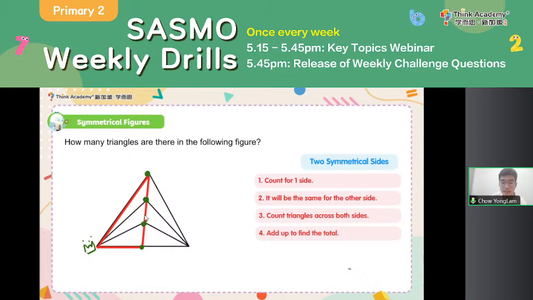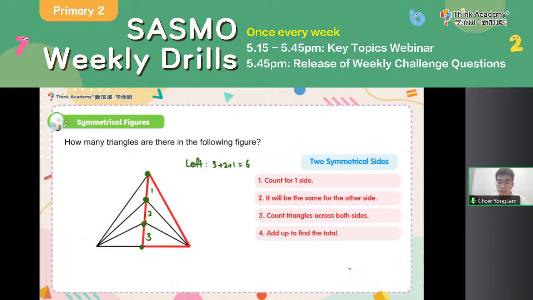Number the line segments again using the shooting method: 1, 2, 3. I have 3 parts, so if I shoot to the vertex on the left, how many triangles can be formed? That will be 3 plus 2 plus 1 equal to 6 triangles, right? So on the left, I already have 6 triangles.